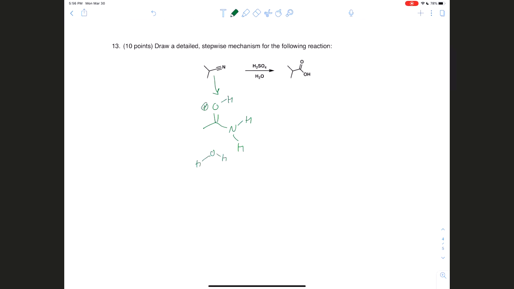We're going to have a neutral water attack this tetrahedral intermediate. I'm going to draw 2 steps. After you get to this intermediate, we're going to end up having proton transfers to turn the amine into a good leaving group, and then this will be able to depart. So this is an abbreviated version. I think on Piazza I referenced the part of the section of the book where this is.